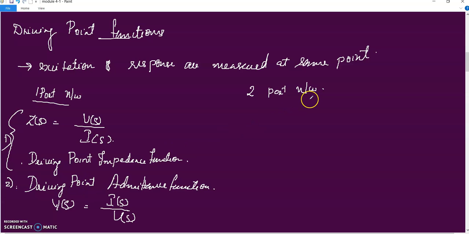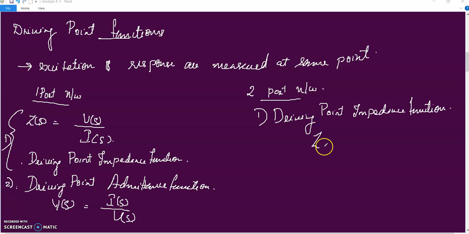Coming to two-port network, we can write driving point impedance function as, there are two ports.